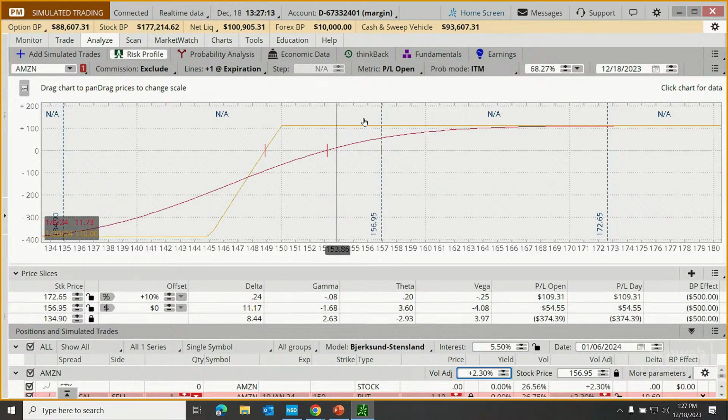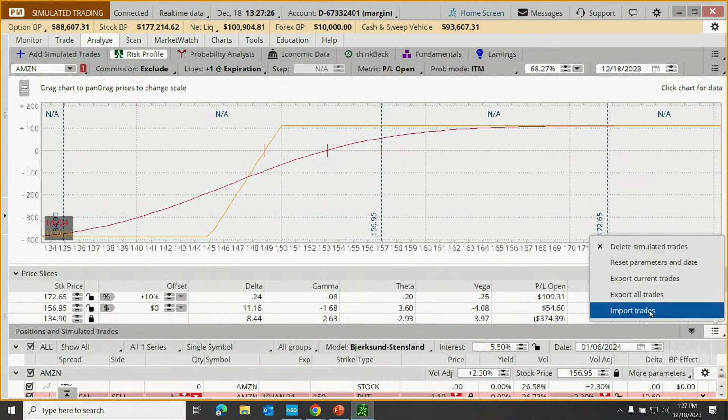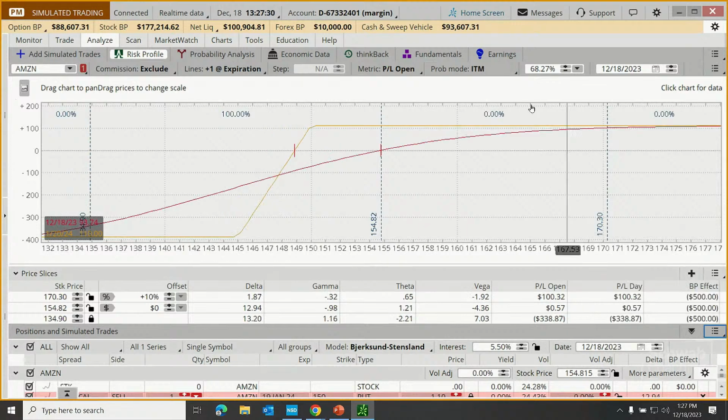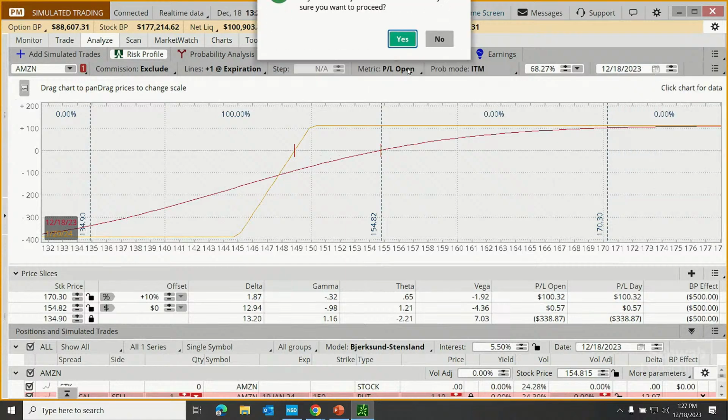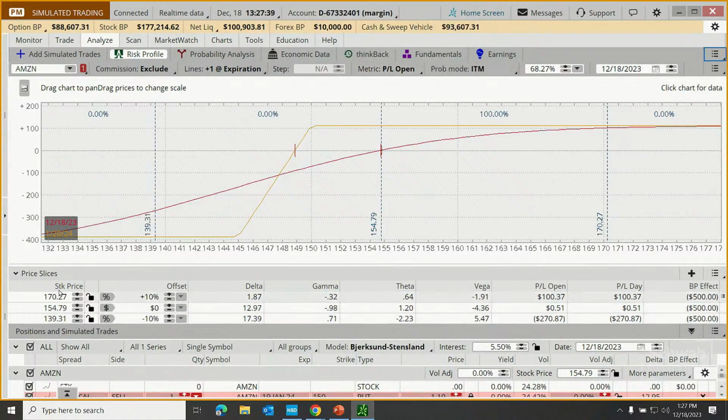If you've been in here tinkering around and you've changed your chart around quite a bit, and you just want to hit the reset button, one thing that you can do is either change the individual changes that you've made down here. So for example, I can reset just the parameters, or I can reset all the changes that I've made to the chart just by coming up here and selecting reset. That just sets everything back to where we were and allows us to just start from scratch.